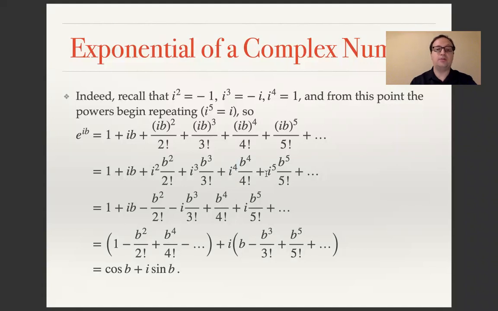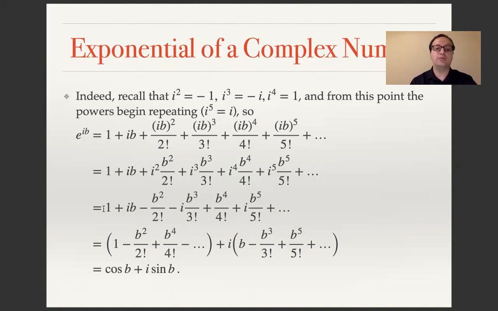The next power is i to the 5th, which is i, and then i to the 6th will be the same as i squared again, which will be minus 1, etc. And then we see that these powers repeat themselves. There is a certain periodicity to the powers of i. They repeat once every 4 powers.